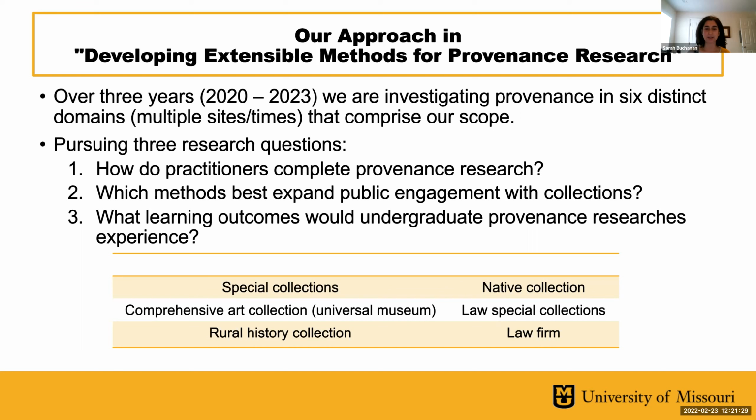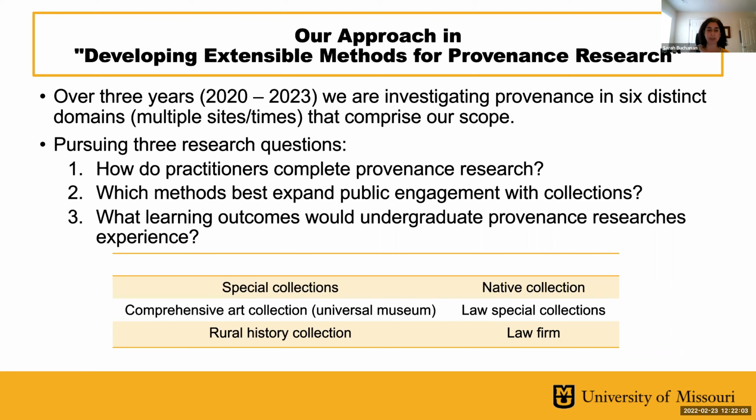Next, you see also here that there's another question about which methods are best useful to expand public engagement with collections. In our work, we've talked with many people who do provenance research in different ways. So which methods are working for them? And finally, the third question relates to some insights that I've already gained from introducing the concept and the practice with some of my students who look at collections across our campus.